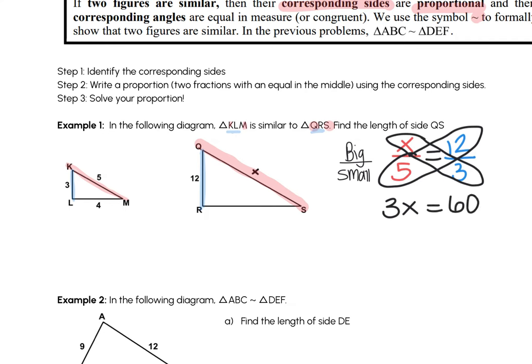To solve, this is 3 times x, so I'm going to divide both sides by 3, and I get x equals 20. So the length of this side here is 20. Pause if you need to.